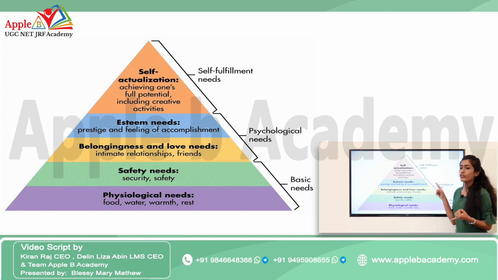We need to fulfill our physiological needs first, then our safety needs, then our psychological needs, which include belongingness and love needs, and then comes esteem needs. Only then can we achieve self-actualization. So it goes in an order.